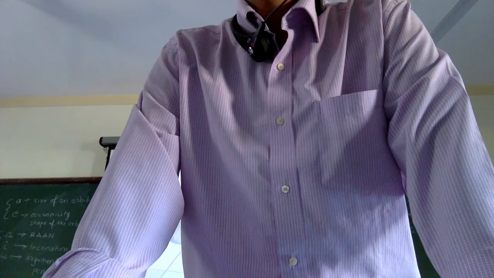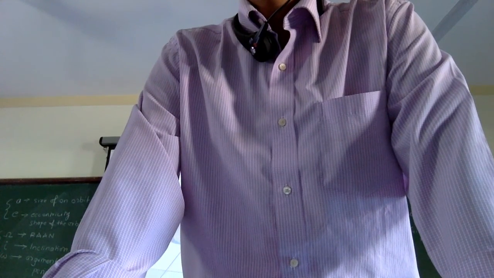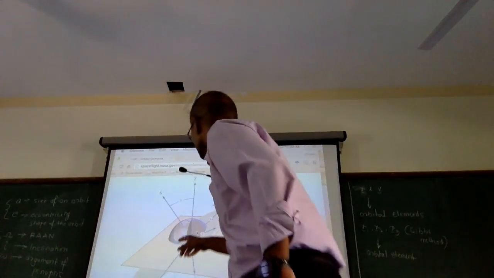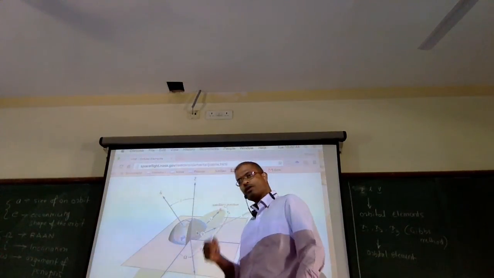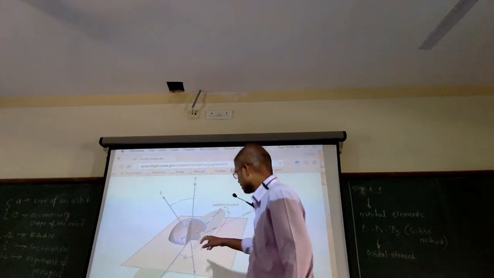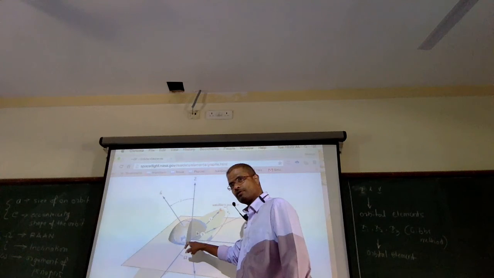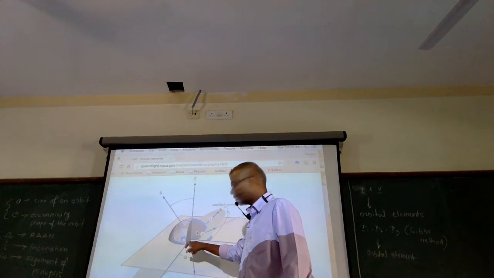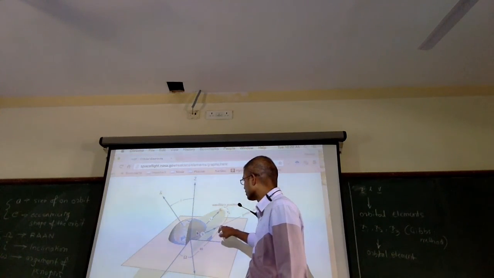The parallel direction, shouldn't it always be from the focus in the periapsis direction? Right. Yeah, but I'm just really confused. So the focus is the center of the central body, right? This is the focus, and this is the point of closest approach.